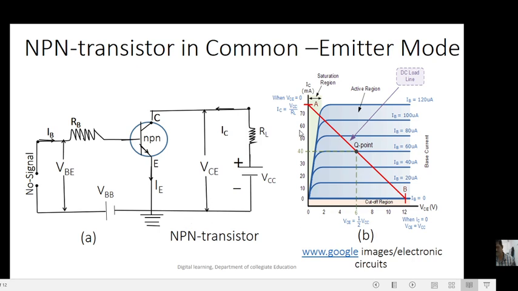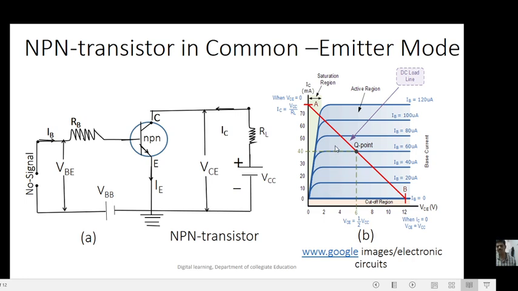Here the output characteristics of the circuit are drawn in the graph. VCE, the collector emitter voltage, is taken along the x-axis, and IC, the collector current, is taken along the y-axis.